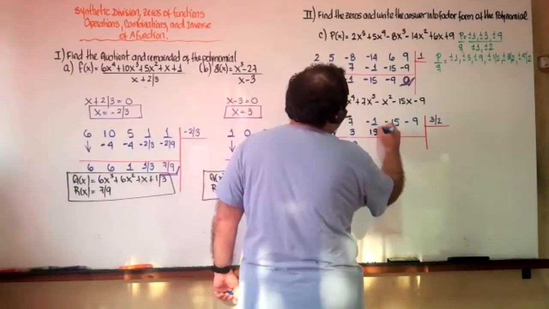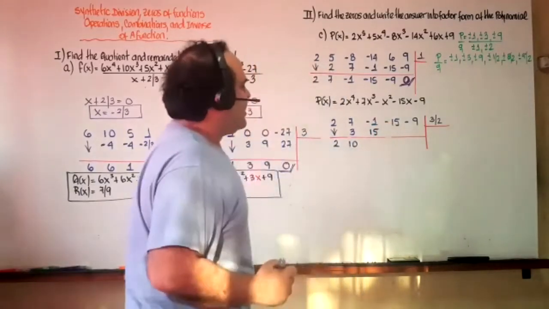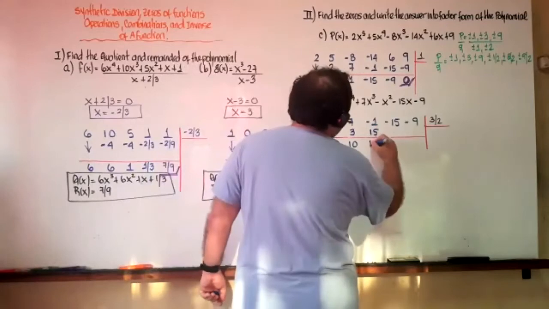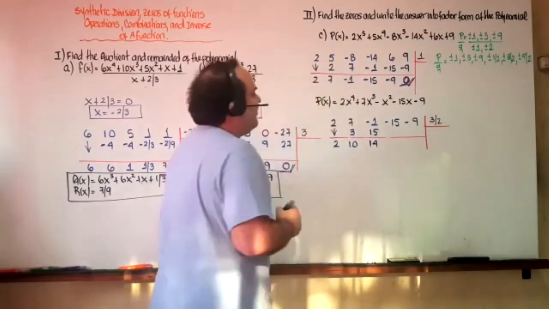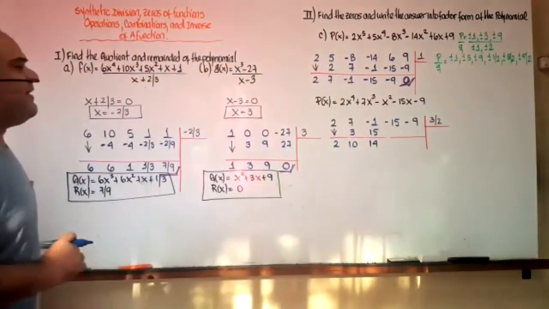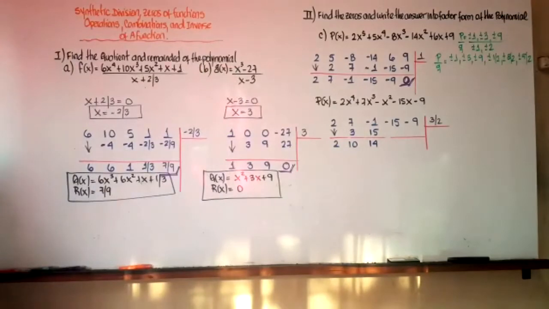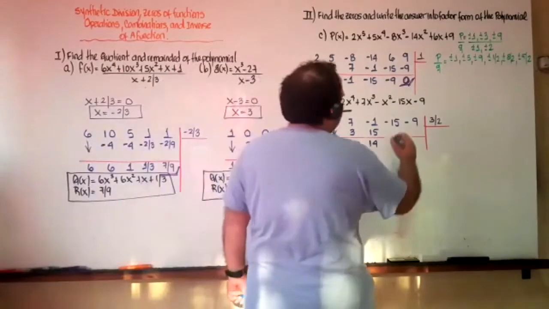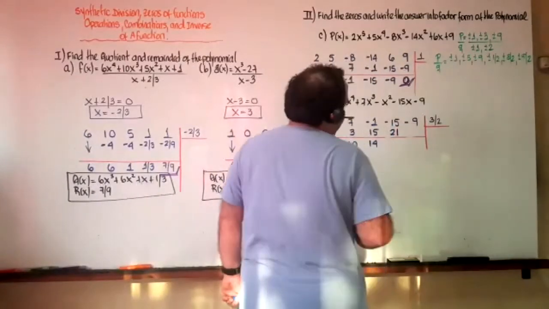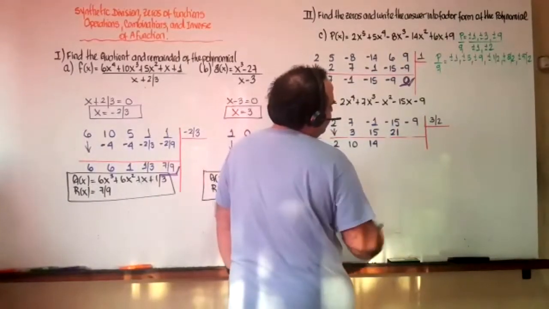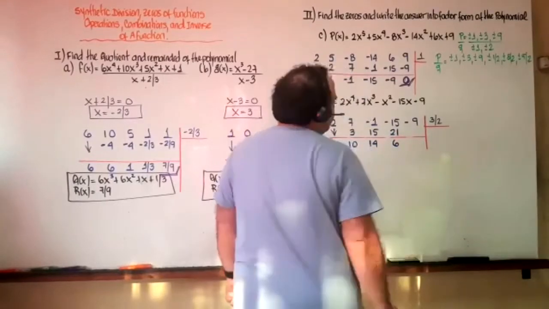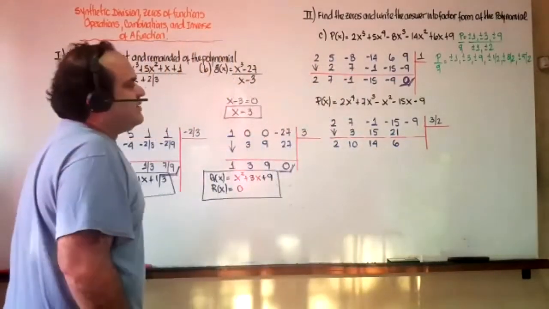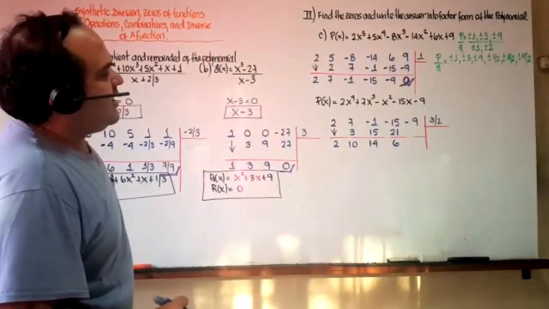Okay, 15. Minus 1 will be 14. 14 times 3/2. Okay, 14 divided by 2 will be 7. 7 times 3 will be 21. Minus 15 will be positive 6, right? 6 divided by 2 will be 3 times 3.